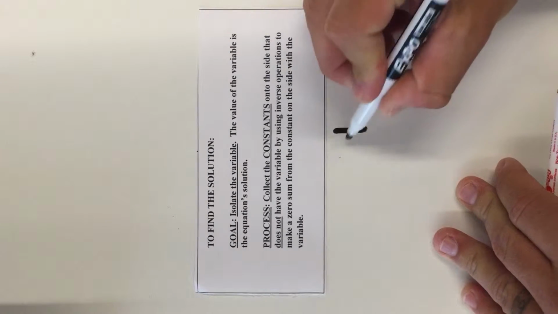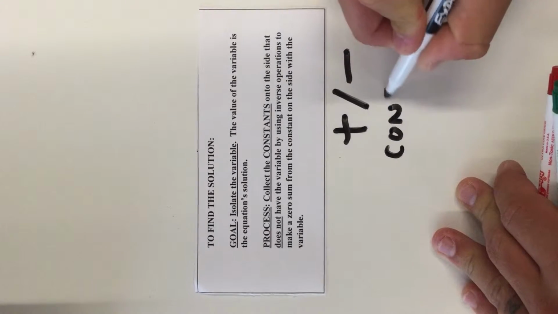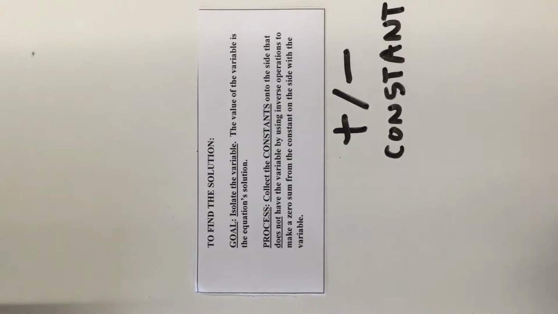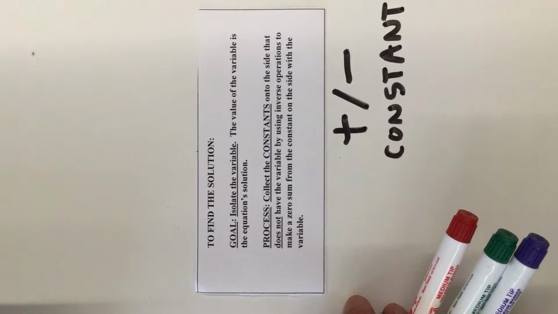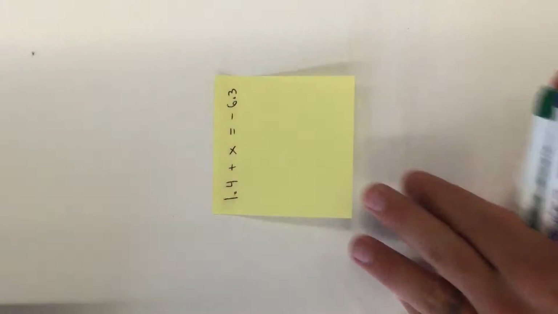And when we're dealing with positive or negative constants on the same side with the variable, what we talked about was how we're just going to collect the constants onto the side that does not have the variable by making a zero sum. An example would be a problem such as this.